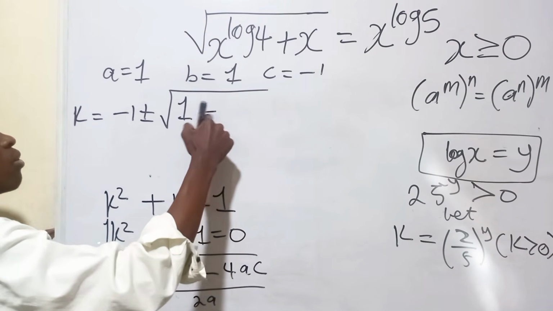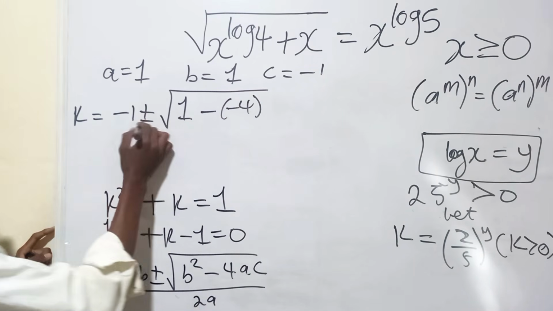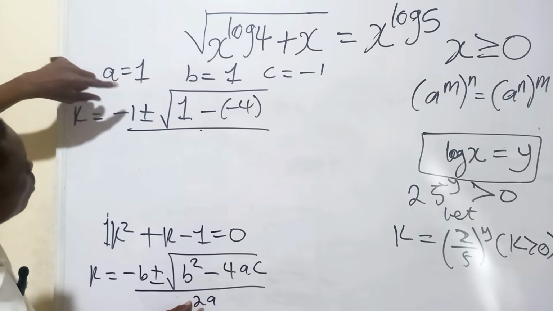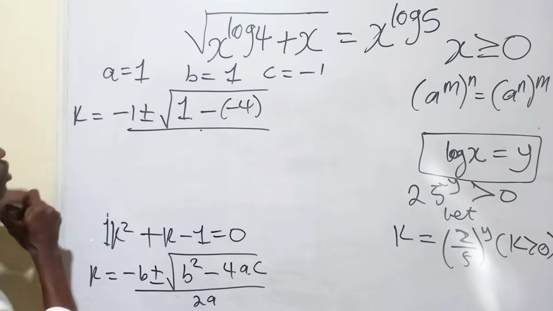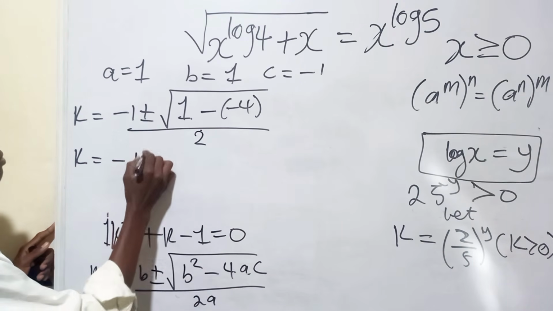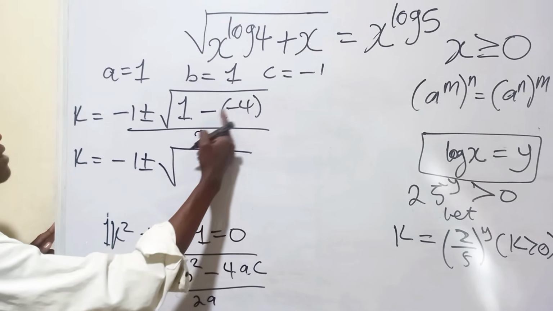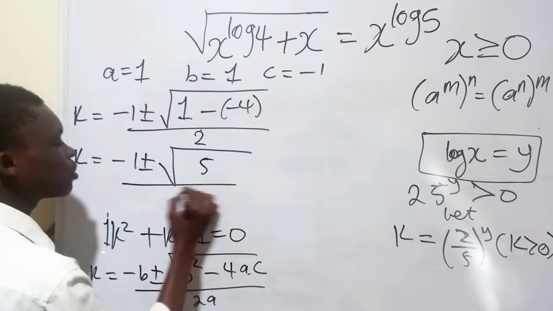Alright, so all over 2 times a, our a is 1, so that is 2. And we know that k equals negative 1 plus or minus the square root. Negative times negative, positive. So 4 plus 1 gives us 5. And of course, all over what? 2.